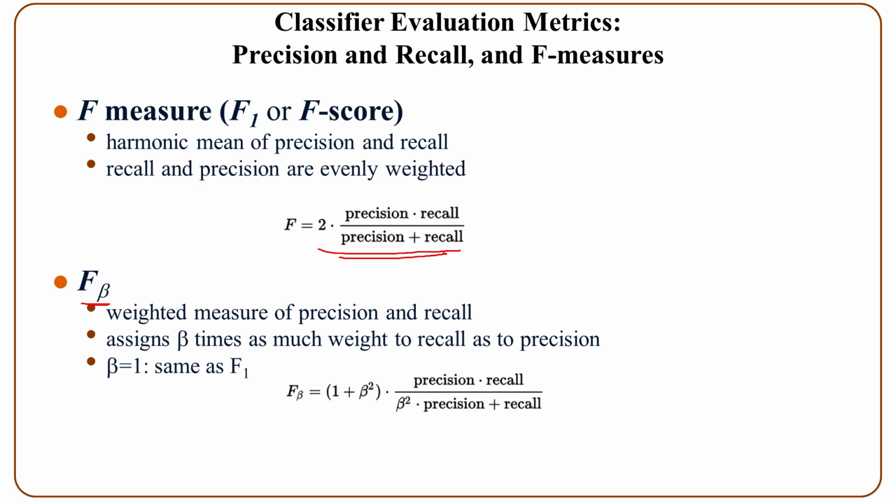It's also a weighted measure of precision and recall. It assigns beta times as much weight to recall as to precision. Looking at the metric, you can see if we replace beta by 1, then you get exactly F1. So F measure, F1, is actually a special case of F beta.